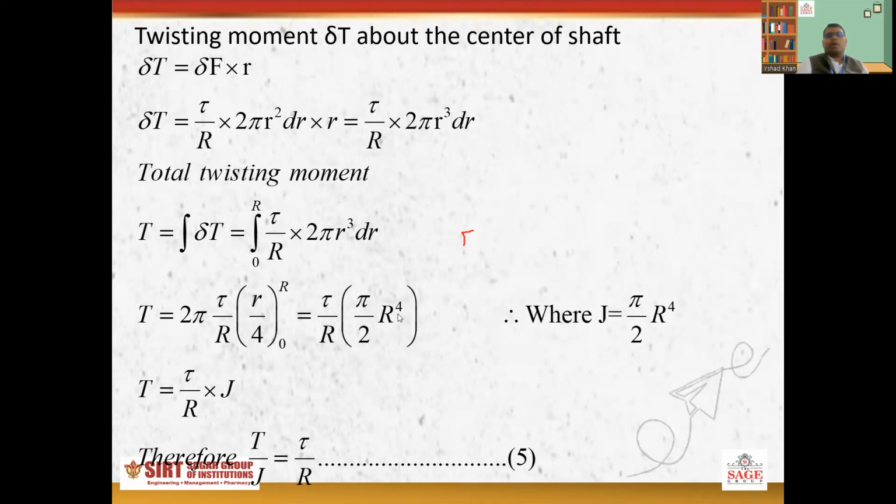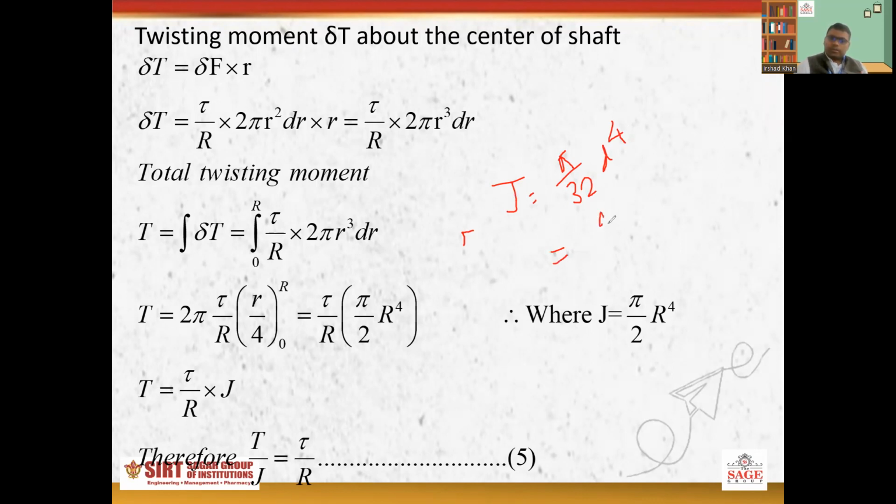Here the term pi by 2 R to the power 4 is called the polar moment of inertia. You already know the polar moment of inertia is pi upon 32 d to the power 4. I explained this in the previous class.